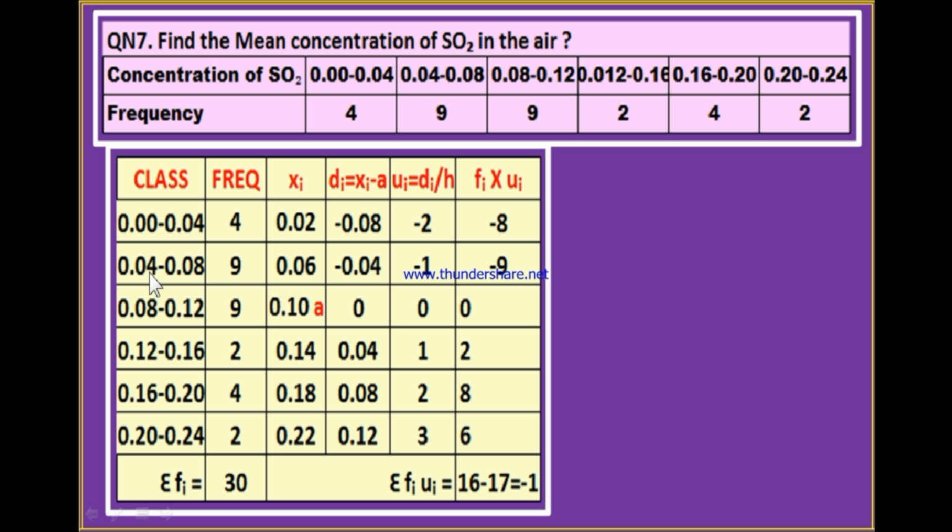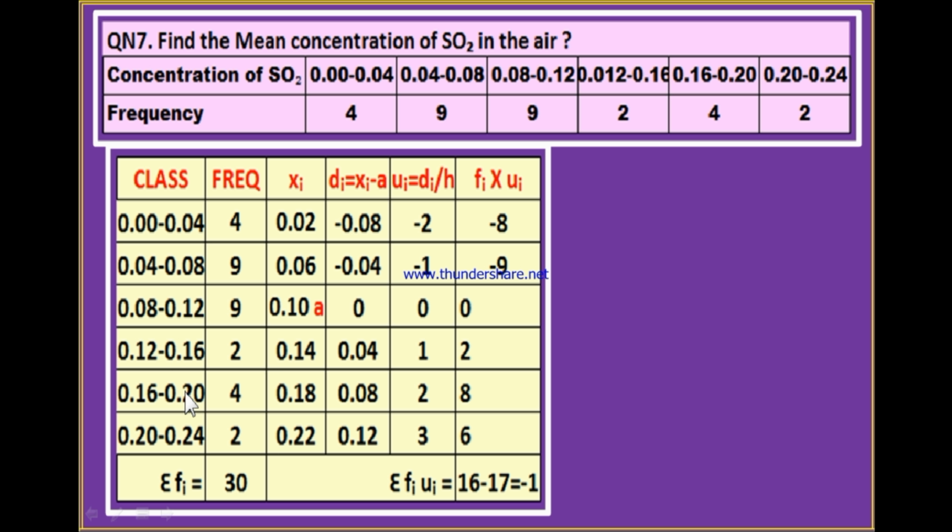For the next class, you add 0.04 and 0.08 to get 0.12. 0.12 divided by 2 is 0.06. Similarly, 0.08 plus 0.12 is 0.20, and 0.20 divided by 2 is 0.10. Similarly, 0.12 plus 0.16 is 0.28, and 0.28 divided by 2 is 0.14.